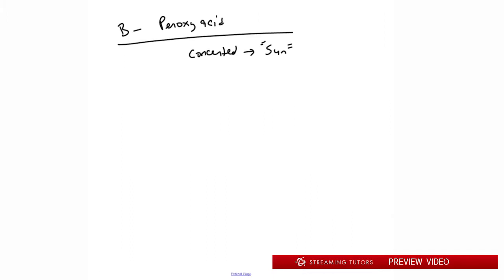So imagine if we take, let's say, the same alkene, and I treat it with R, C, double bond O, O, O, and H. So this is a peroxy acid, right? We have a peroxy group right there, two O's connected, and then there's an acid like a carboxylic acid.